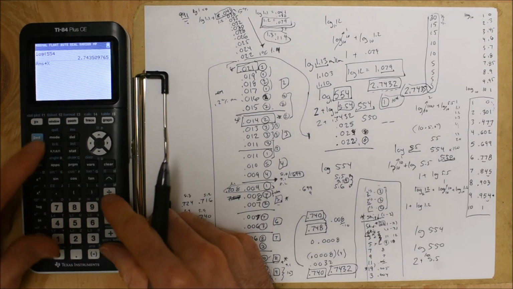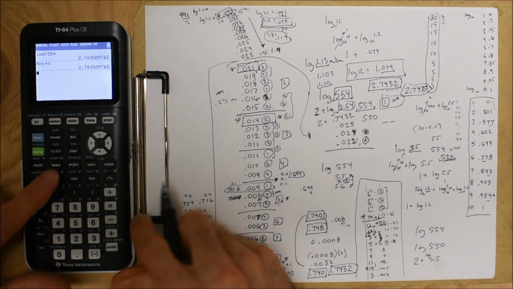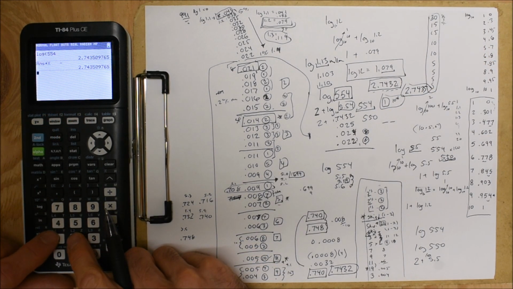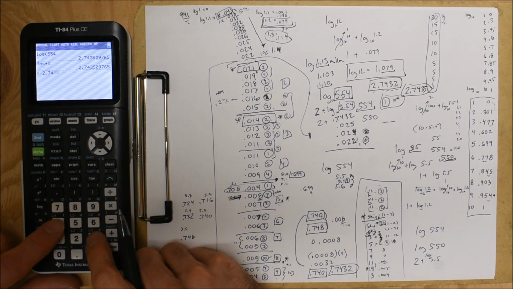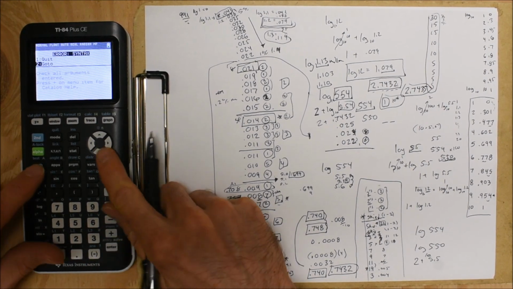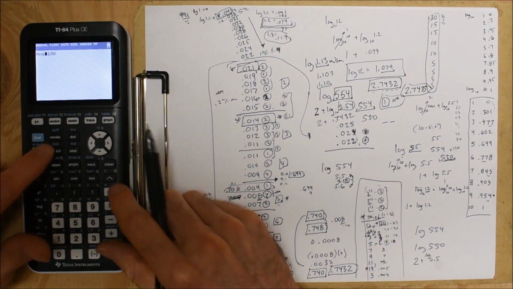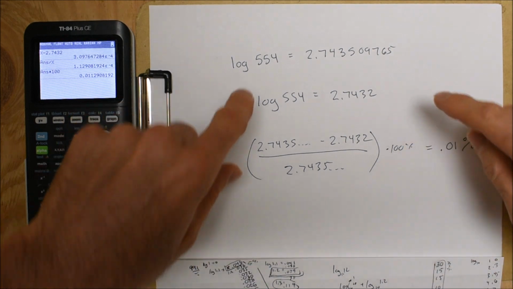We're going to store this as our x, that's for sure, and then this is what we got. So we go x minus 2.7432, divided by x, times 100. Our error is 0.01 percent.